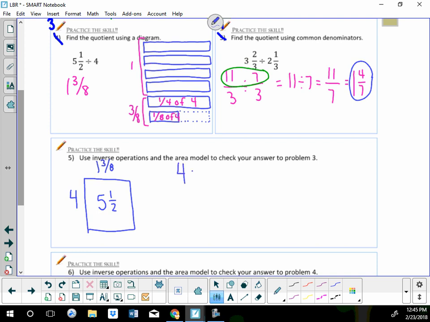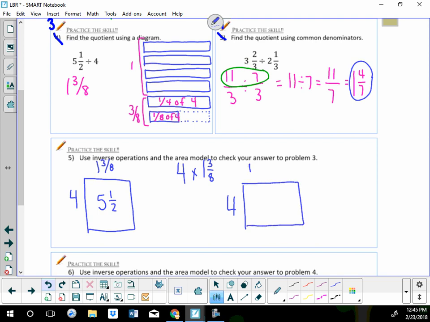So let me set up my area model. 4 times 1 3/8.